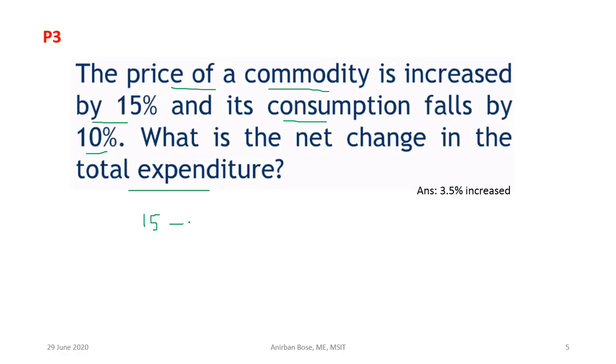Consumption falls by 10%, so minus 10, plus 15 into minus 10 divided by 100. So, 15 minus 10 is 5, and 15 into minus 10 by 100 is minus 1.5. So, the answer is 5 minus 1.5. Since the answer is positive, it is a 3.5% increase.